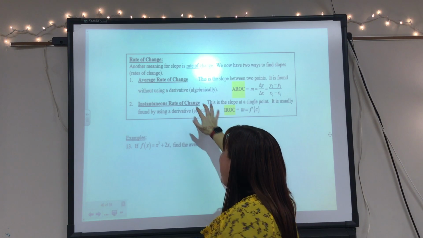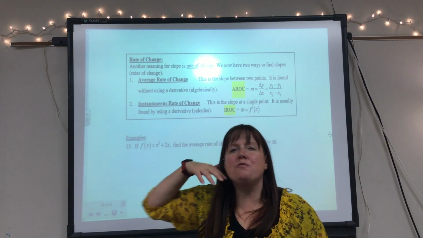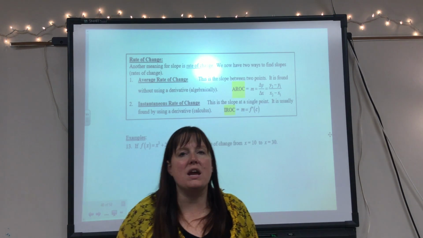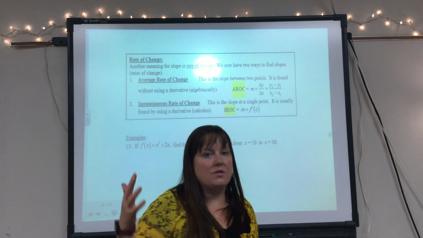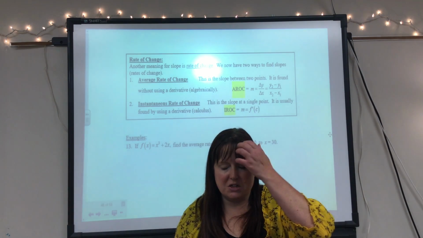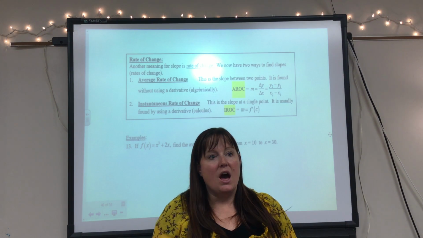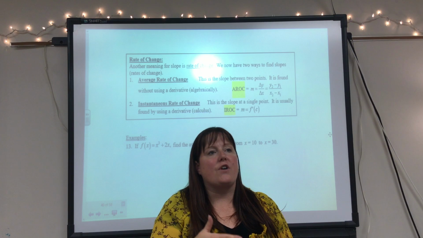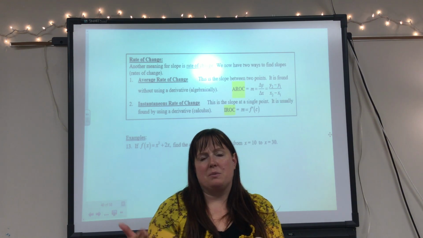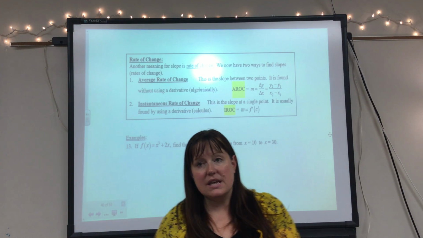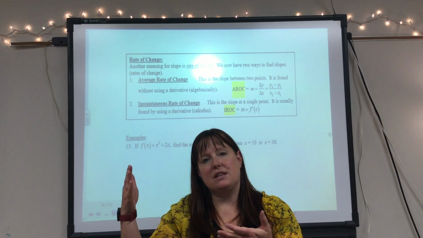Okay, so average rate of change is stuff that you've been finding for so long. This is the case of the missing speedometer. If I wanted to figure out how fast I was going, I could say, well, I know from Billings to Roundup, it's 45 miles, and I know that I did it in this much time.